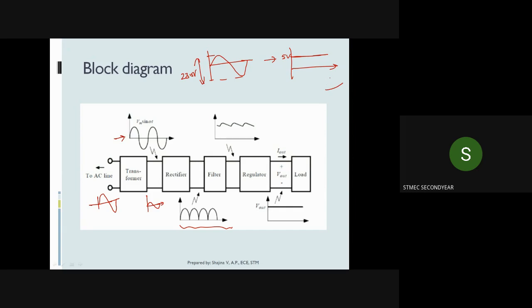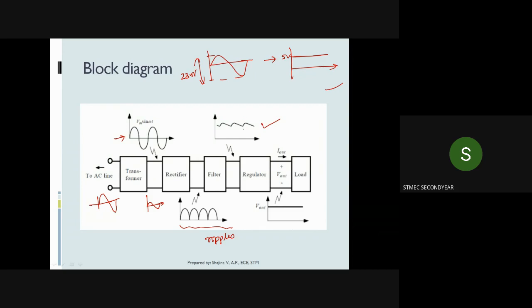Our requirement is like this, right? This contains some AC components, which we call ripples. So it will contain some ripples or AC components. For that we are using a filter. Usually a capacitor filter is used here. Using the filter we can reject some amount of ripples, and you will get an output like this at the filter output.